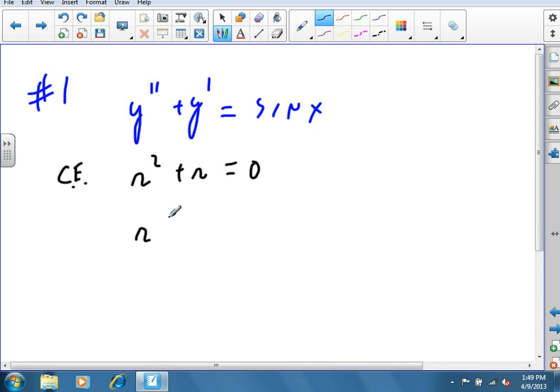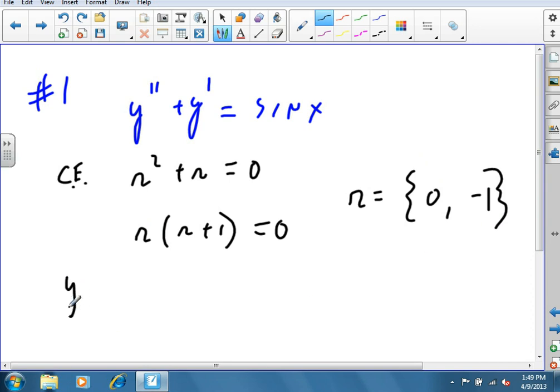And I factor that, r times (r plus 1) is 0. I find that r is equal to 0 or minus 1. I find that y sub c is going to be c1 plus c2 e to the minus x.